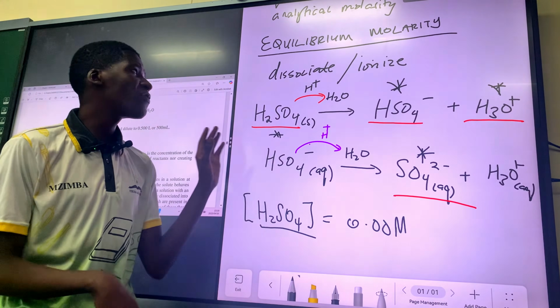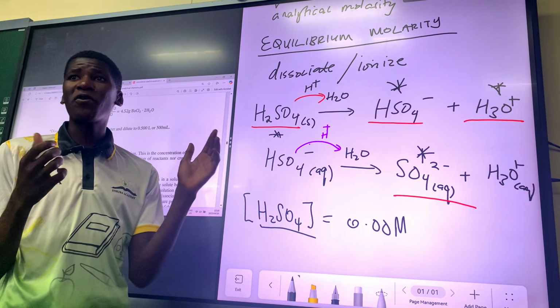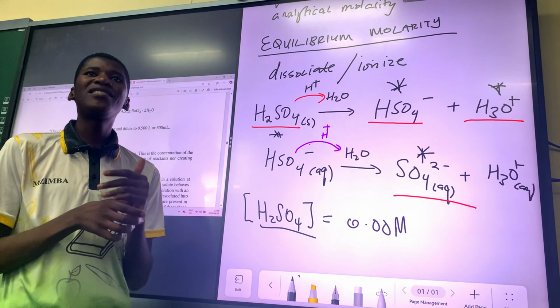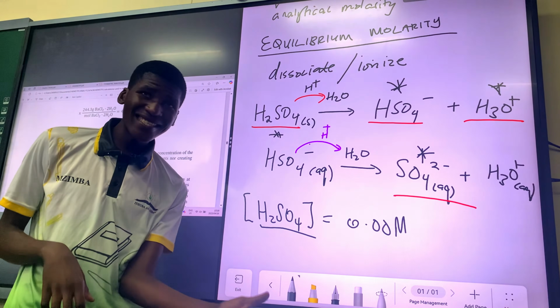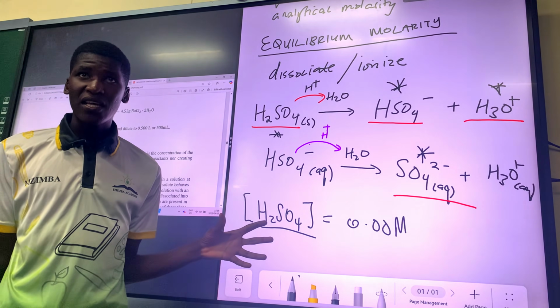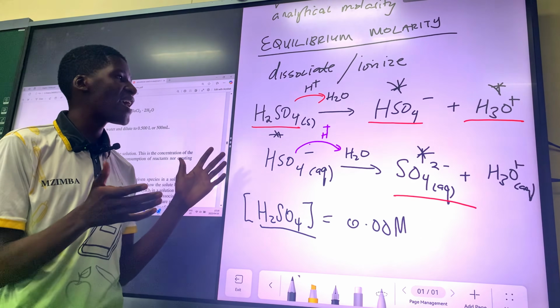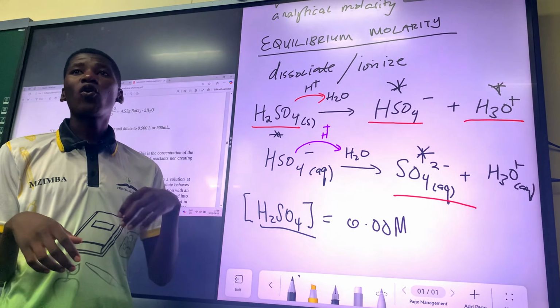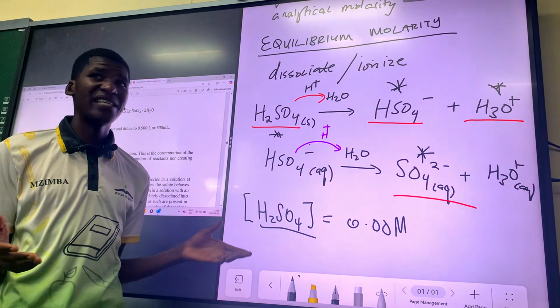This phenomenon, they like to use it when they are talking about acids and bases. If it's a strong acid, it's going to separate completely. If it's a weak acid, it's not going to separate completely.